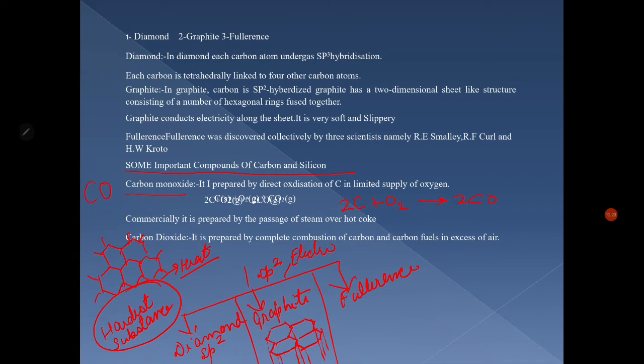Next is carbon dioxide. It is prepared by the complete combustion of carbon and carbon fuel in excess of air. In the laboratory, it is conventionally prepared by the action of dilute hydrochloric acid on calcium carbonate.